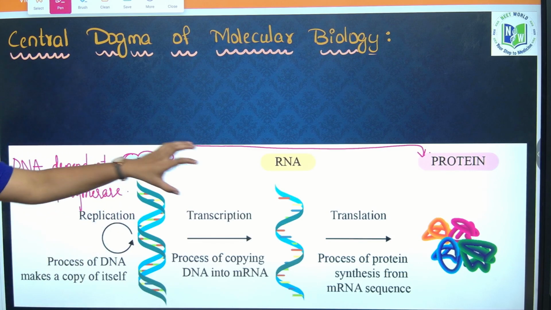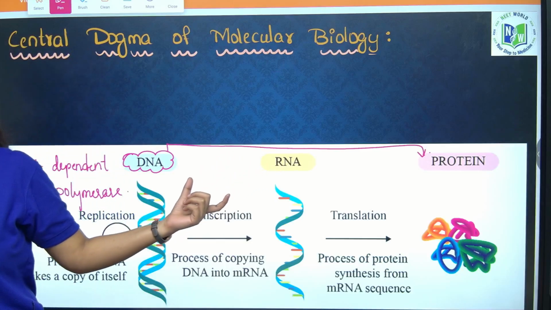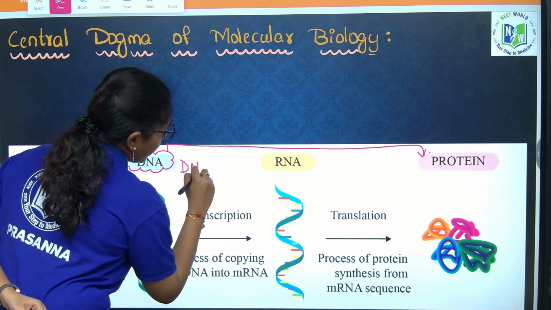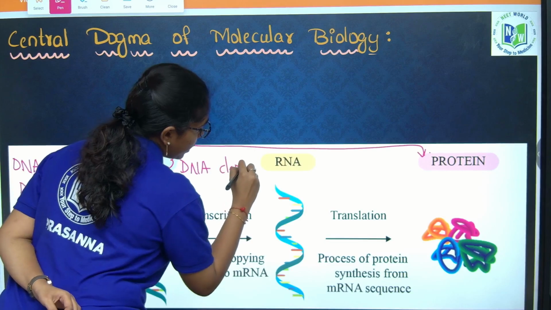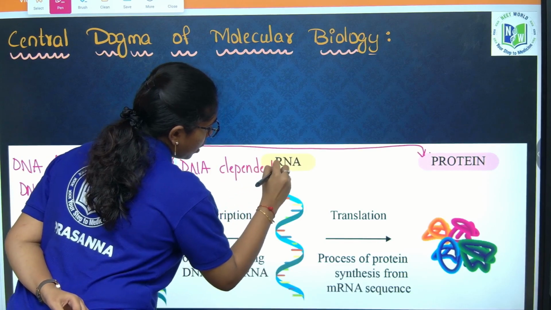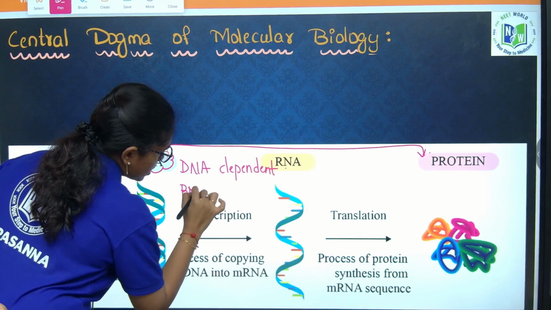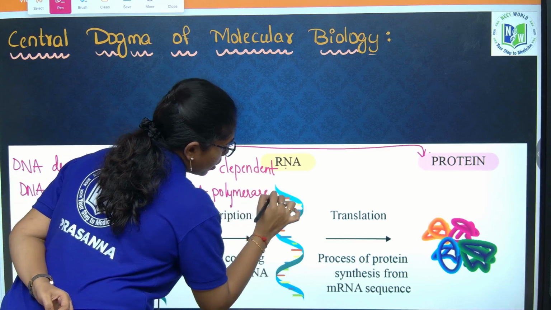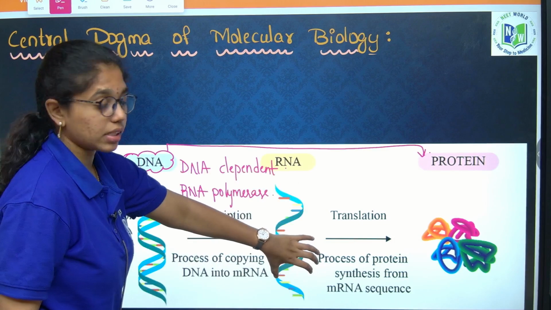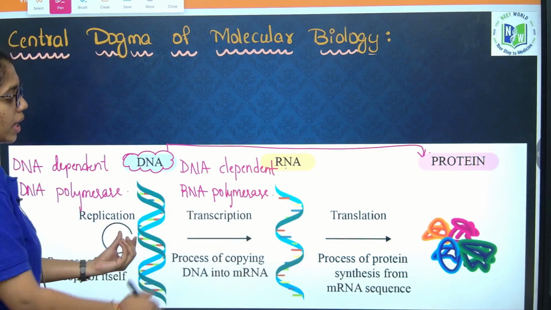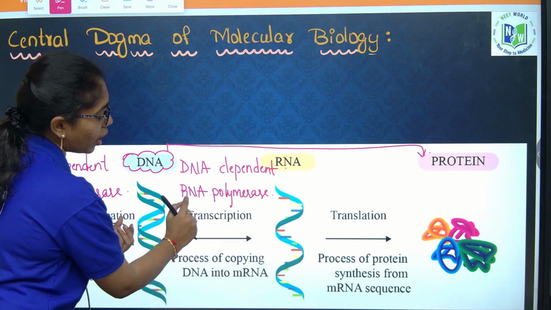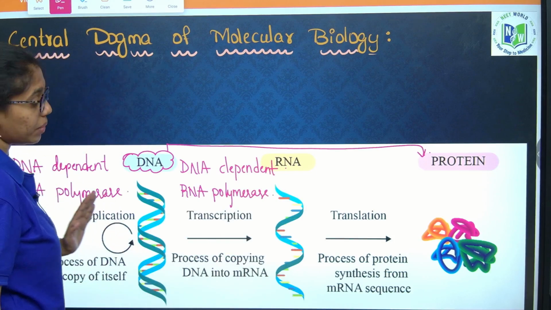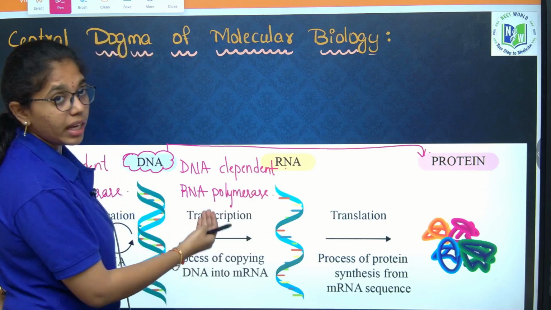And to conduct transcription, where RNA is being synthesized from DNA, the enzyme used is DNA dependent RNA polymerase, wherein RNA strand synthesis is dependent on DNA strand. We are synthesizing RNA strand, so you call it RNA polymerase. Synthesis is dependent on DNA strand, so this enzyme is DNA dependent RNA polymerase.